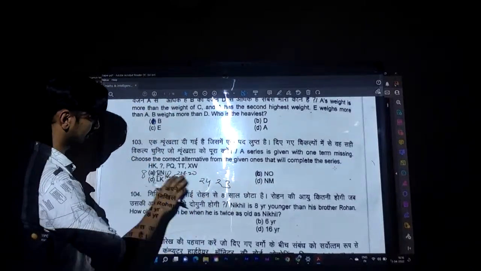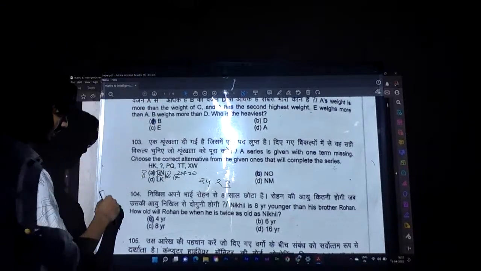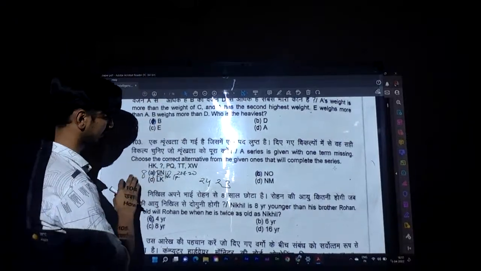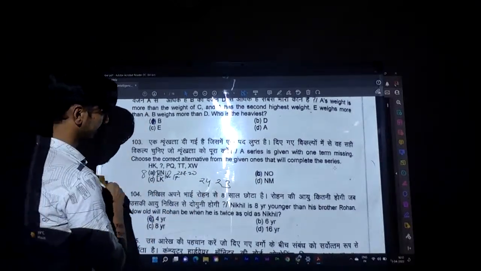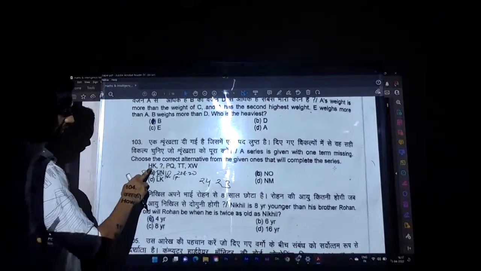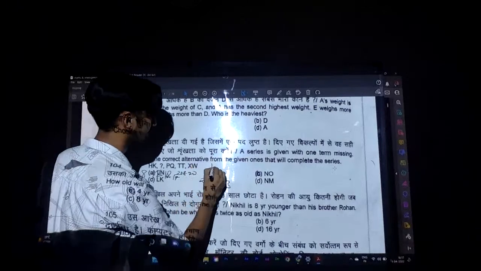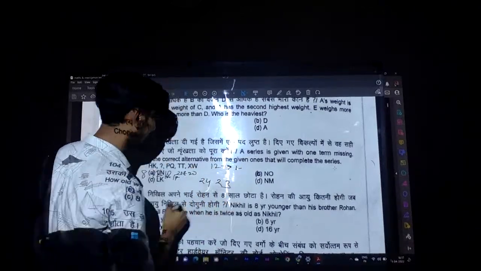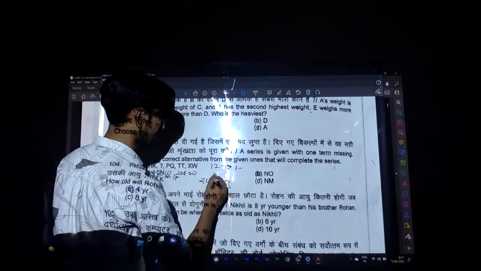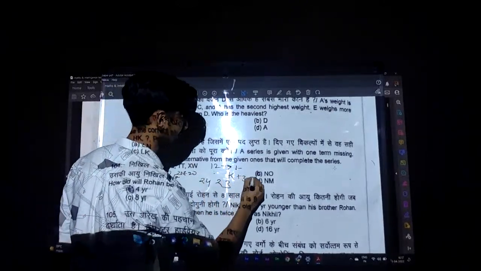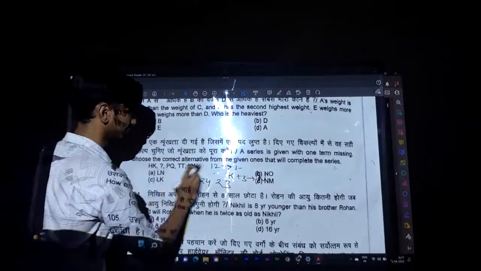So the first one is going at the count of plus 4, and the second one is going at plus 3. So when we add 4 to H, 8 plus 4 will become 12, which is letter L, and K plus 3 will be letter N. So the right answer would be option A.